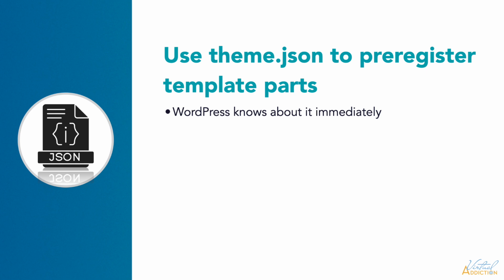So this eliminates any guessing about database weirdness. It will also allow this element to appear properly in the site editor so that when we go to Appearance, Editor, the site editor UI can actually list our header with its title and its description correctly. If we don't do this, WordPress doesn't know it exists until you manually add it.